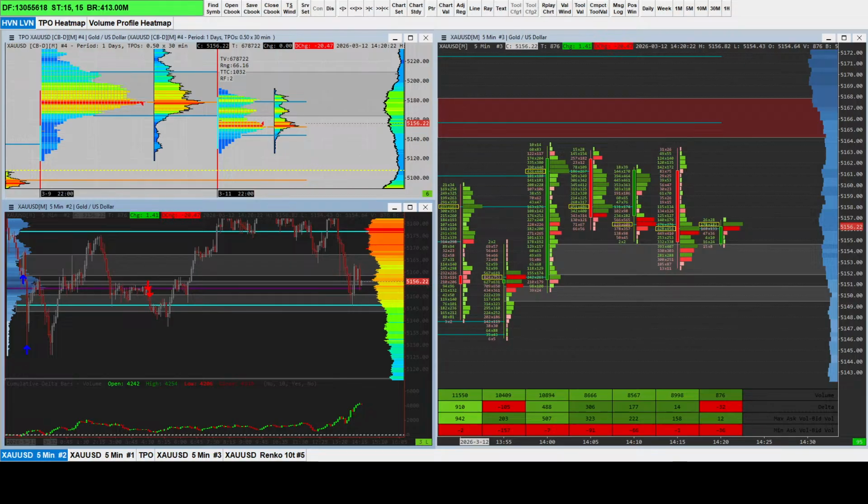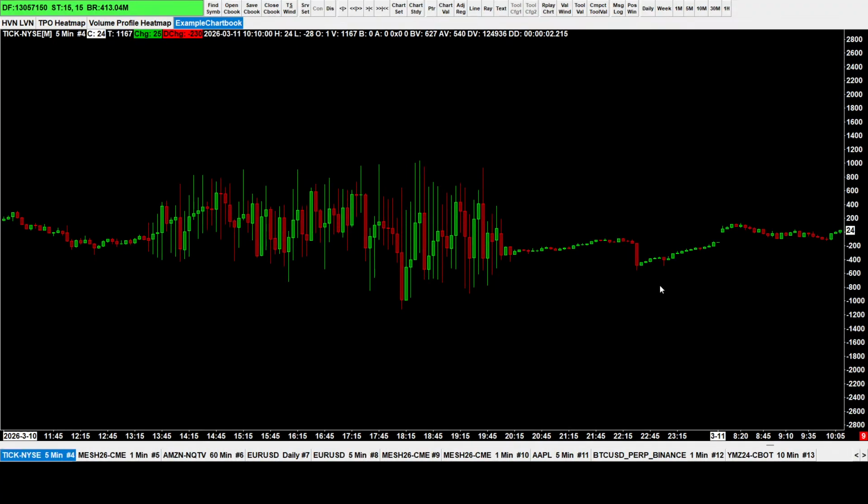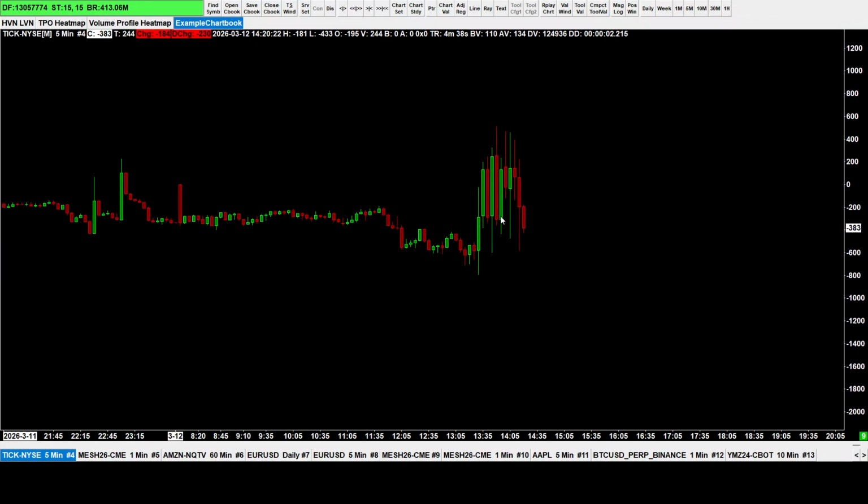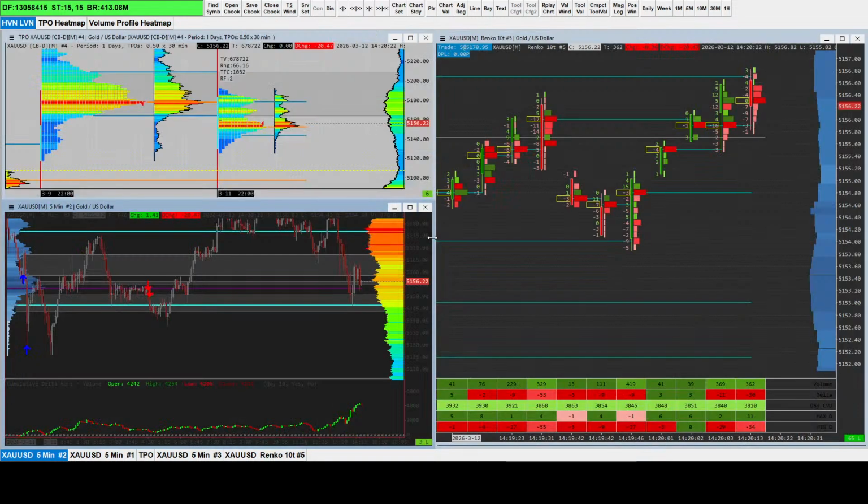At 2:30 we should see some movement, and at 3 o'clock. Let's see what NYSE tick is doing. I mean, it started picking up, so yeah, we should see some volatility.